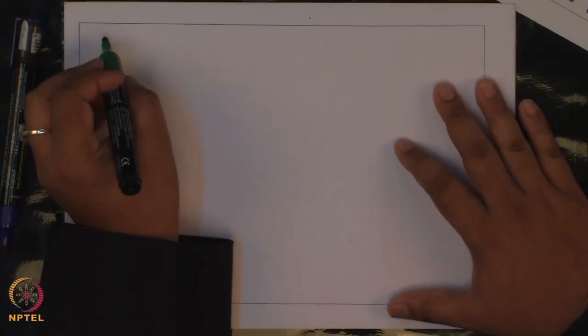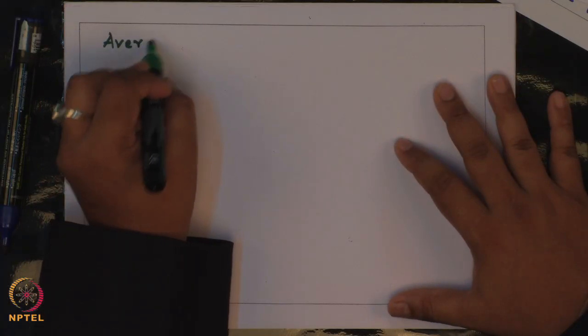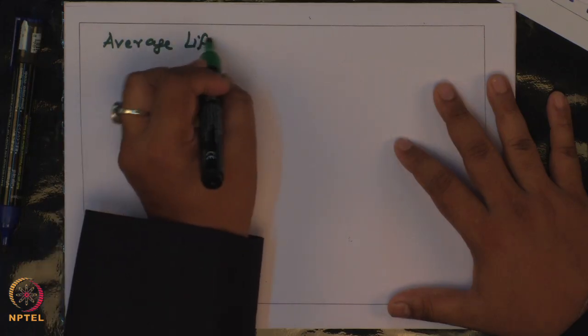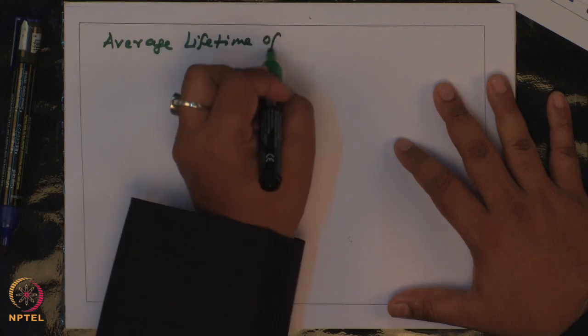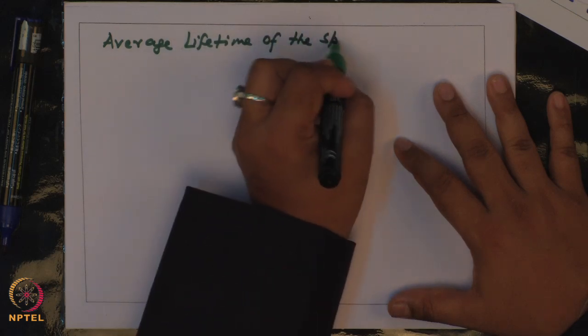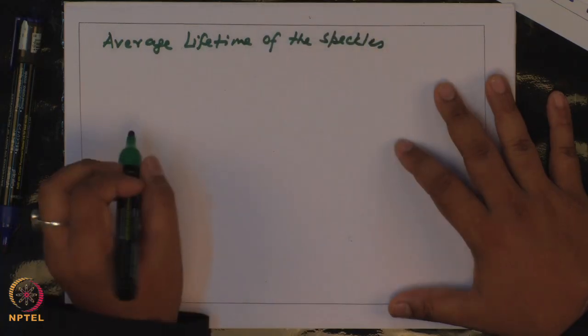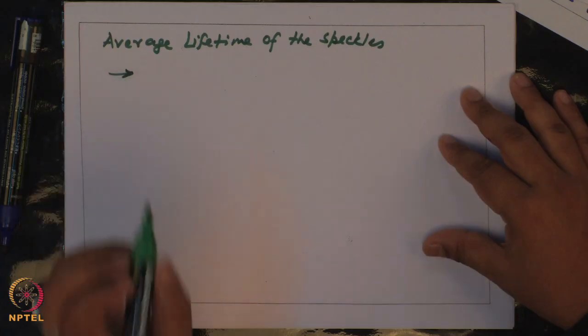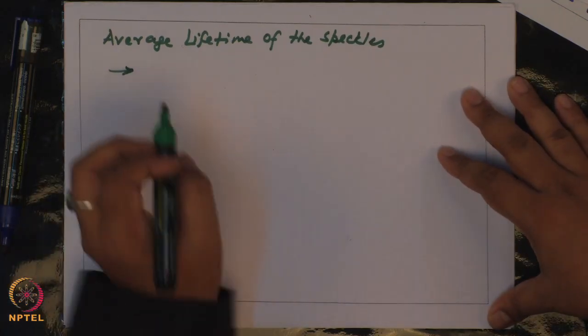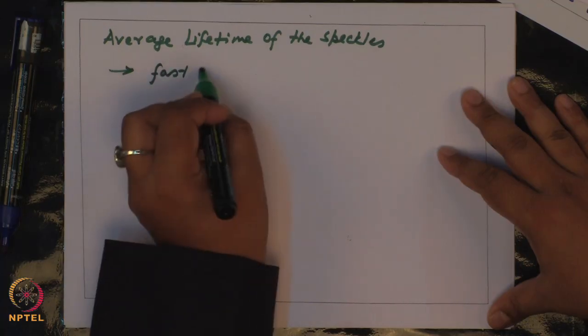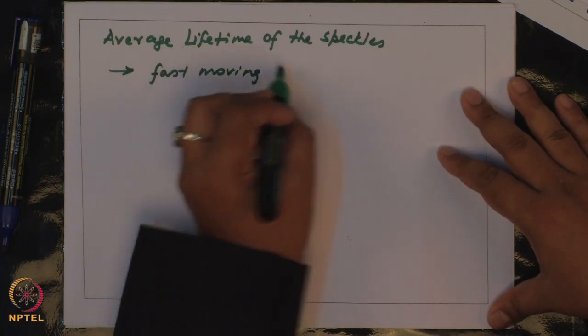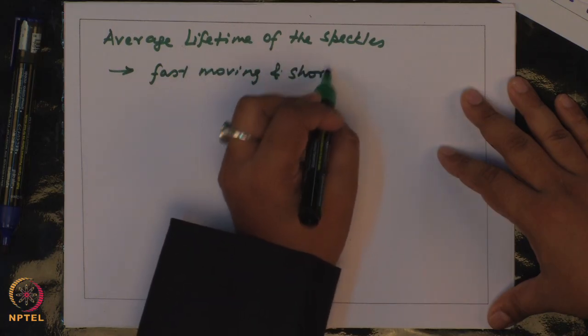To check whether this is true, they tracked the average lifetime of the speckles. What they found was there are two classes of speckles: fast moving and short living.